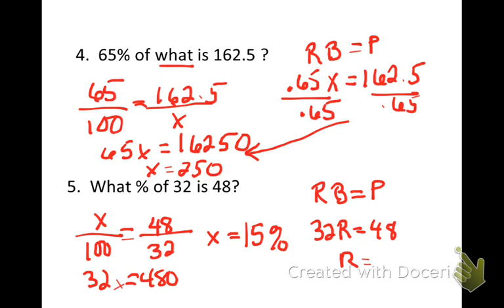Oh, I didn't put it in, so when I divide 48 divided by 32, having a little issue here, 32r equals 48.